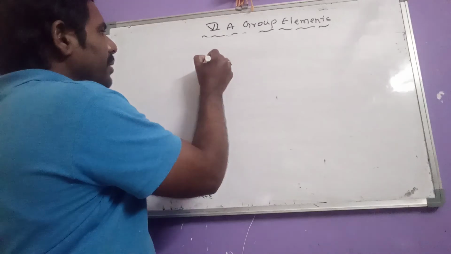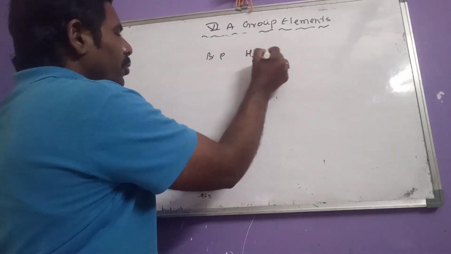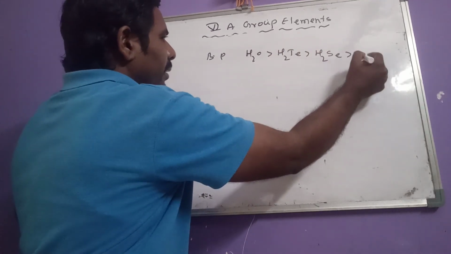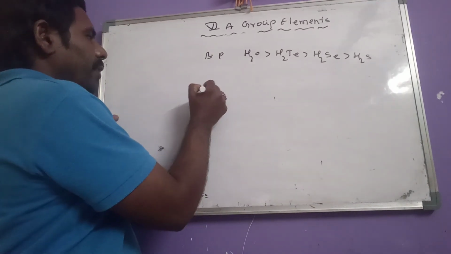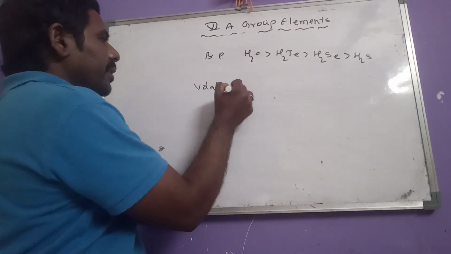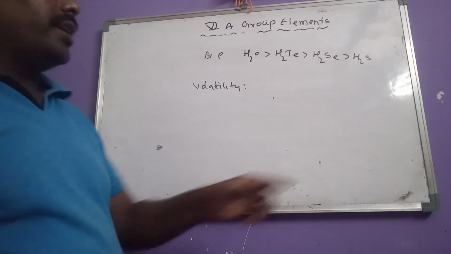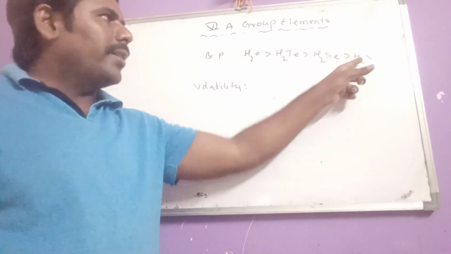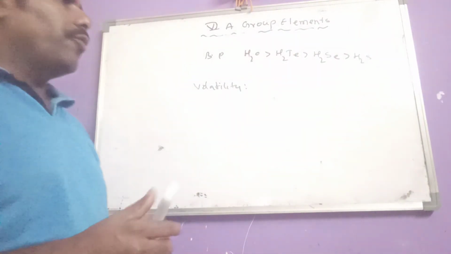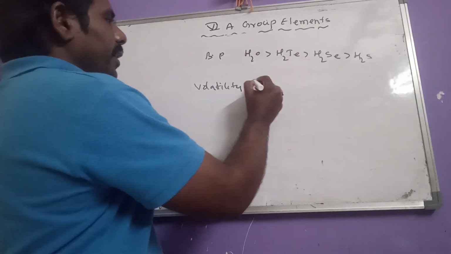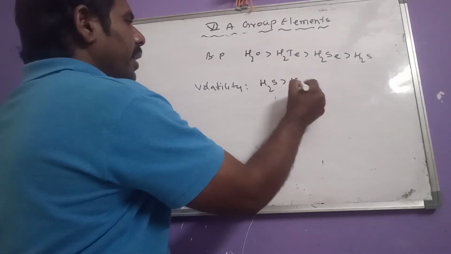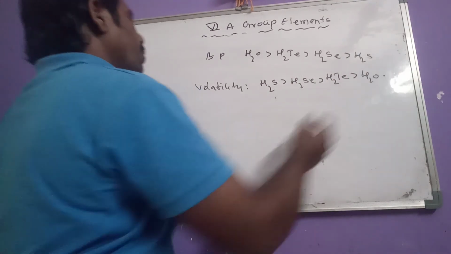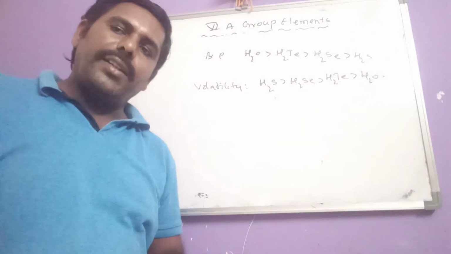So the order of boiling point is H2O greater than H2Te greater than H2Se greater than H2S. And the order of volatility: the compound with the least boiling point evaporates easily. So volatility order is H2S greater than H2Se greater than H2Te greater than H2O.